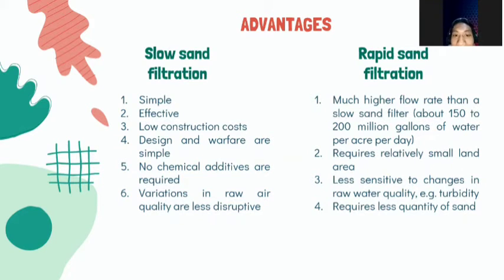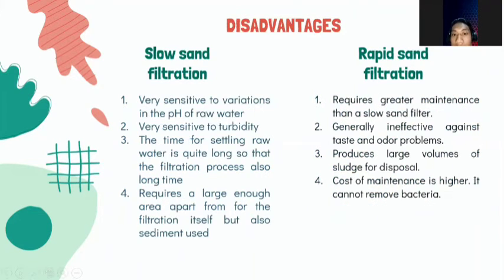Okay, advantage: slow filtration is simple, effective, has low construction costs, design and operation are simple, no chemical additives are required, and variation in raw water quality is less destructive. The rapid sand filtration has a much higher flow rate than a slow sand filter.